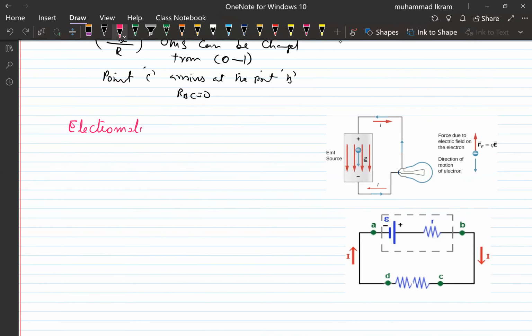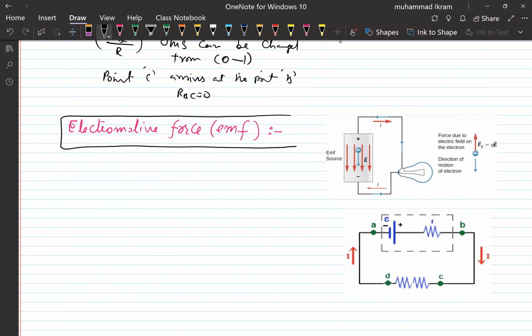Electromotive force, or sometimes we call it the EMF. This is a mistaken term. In fact, it is not actually a force, rather it is a kind of electric potential. It is a mistaken term. So why is it called the electromotive force? I'm coming towards that point and then I'll be telling you.